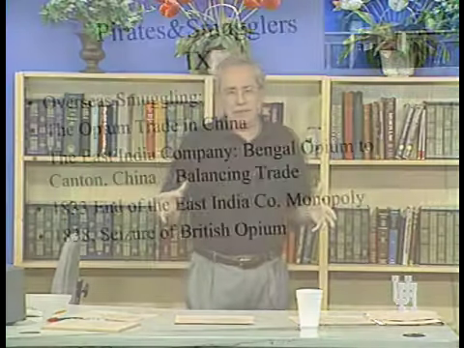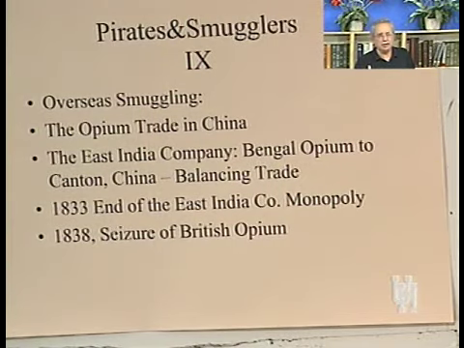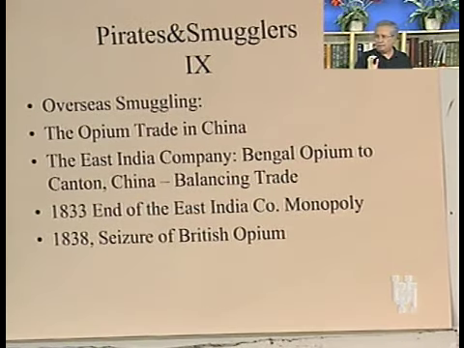In 1833, we come to the end of the monopoly that the British East India Company had enjoyed. The company is on its last legs. It's essentially collapsing. And as a result, we're going to enter into, I guess, what we would call free trade in opium, in the sense that now virtually any British trader that wanted to take on the trade could. And it wasn't just the British, I mean, other European governments were doing it.